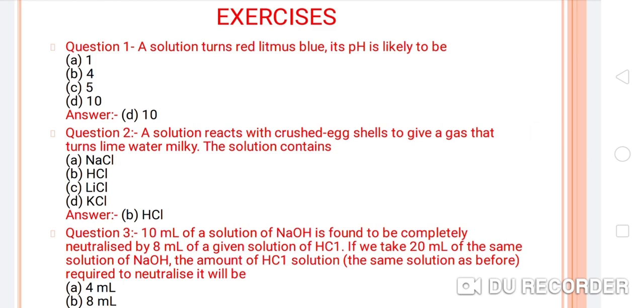Here the crushed egg shells are made of calcium carbonate, which is a metal carbonate, and among the given options, HCl is an acid.